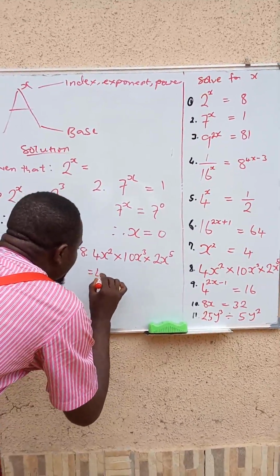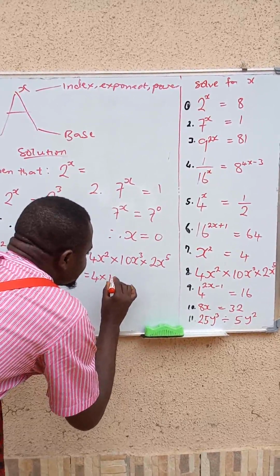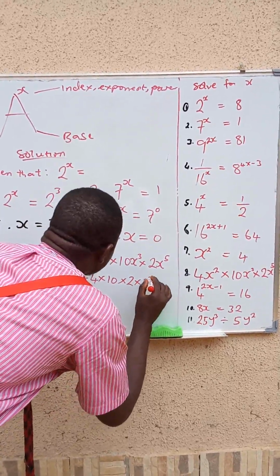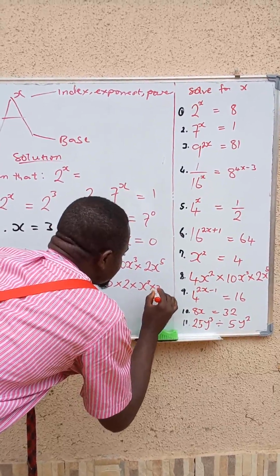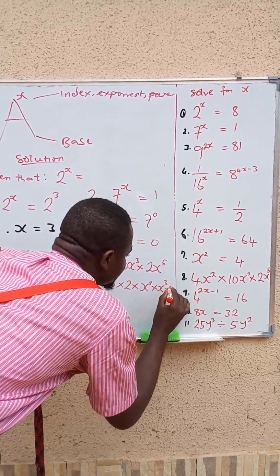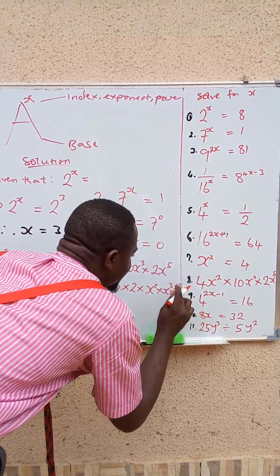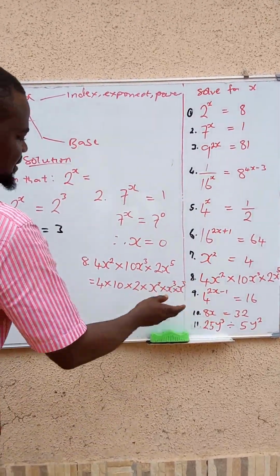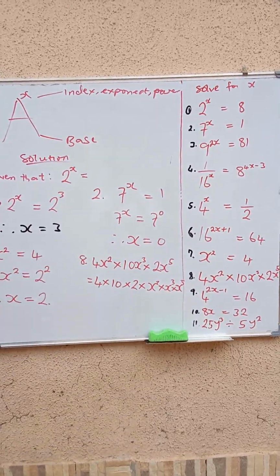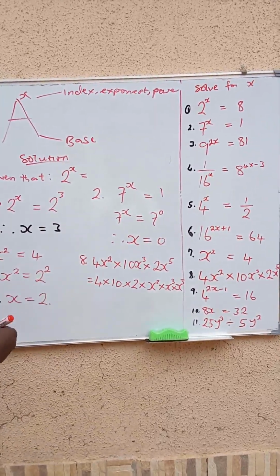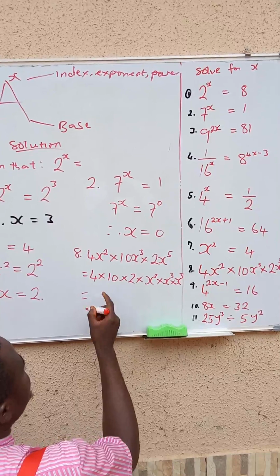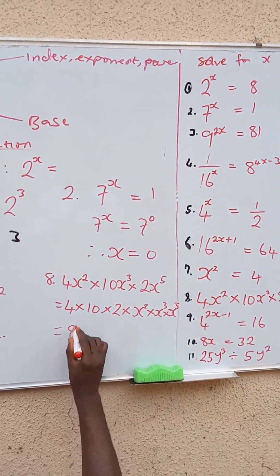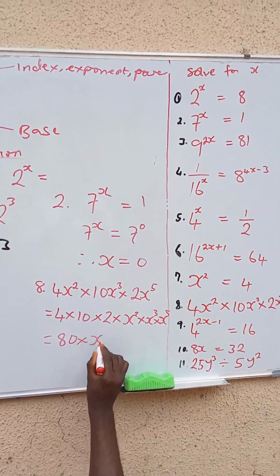That is equal to 4 times 10 times 2 times x raised to the power of 2 times x raised to the power of 3 times x raised to the power of 5. Now listen. I would have brought them out together, but let me split it in this way. This is the same thing as 4 times 10 is 40. 40 times 2 is 80 times x.